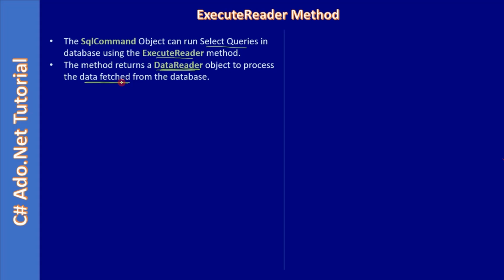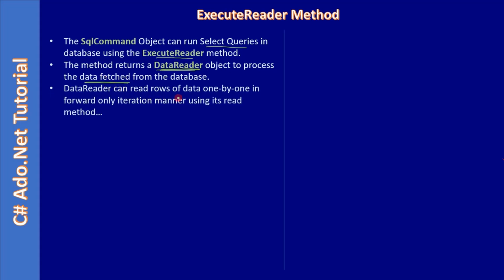You make a call to ExecuteReader, and ExecuteReader will execute the command text. This time the command text will be a select query and hits the database. The database will give you the table, and the table will be processed by the data reader. So the return type will be DataReader, and it takes care of reading the table of data.